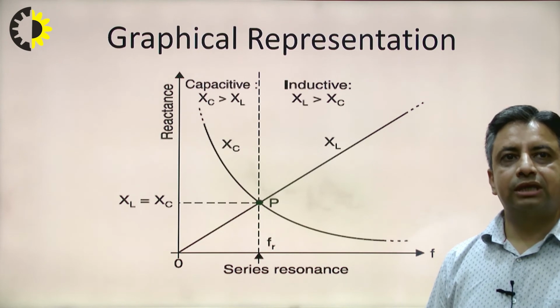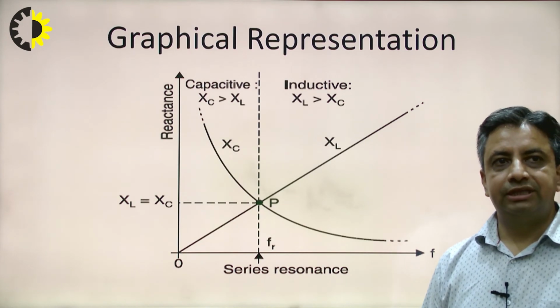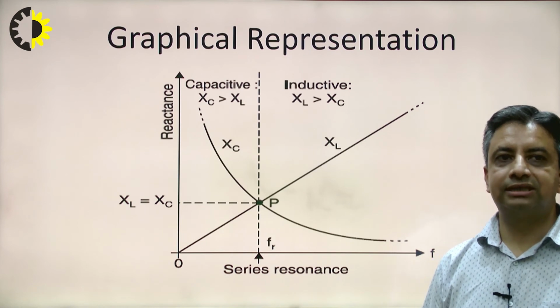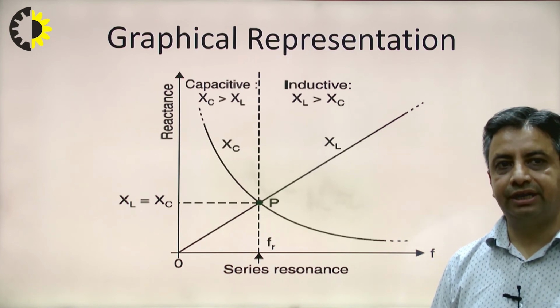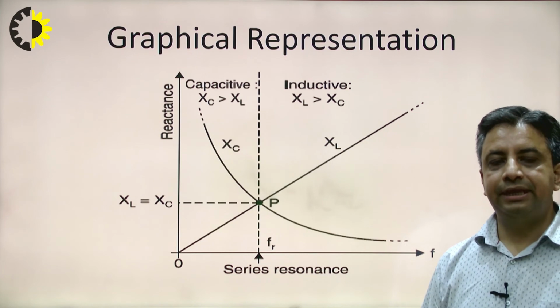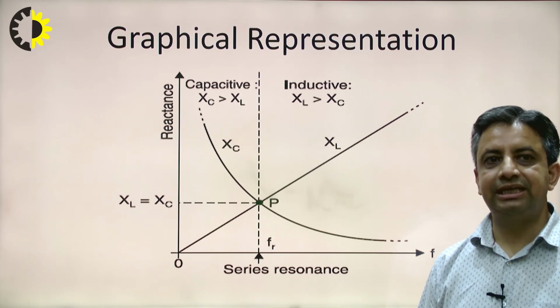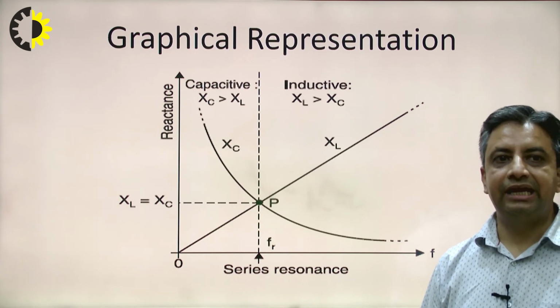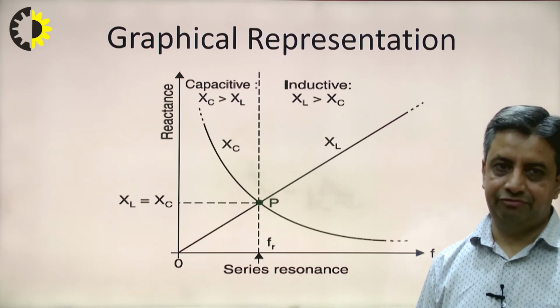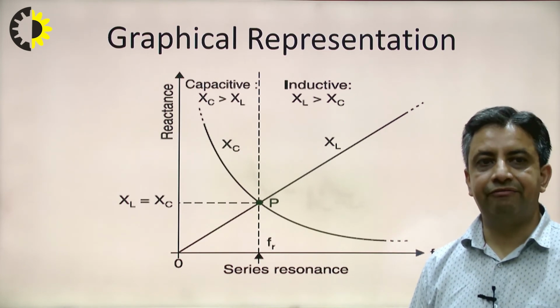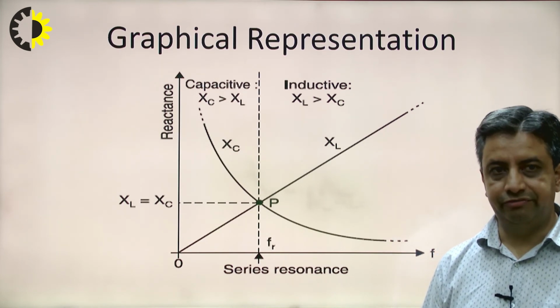Now, coming to the graphical representation of the series resonant circuit, here you can see how the circuit behaves under different conditions: if frequency is less than Fr, equal to Fr, and greater than Fr. F stands for the supply frequency and Fr stands for the resonant frequency.